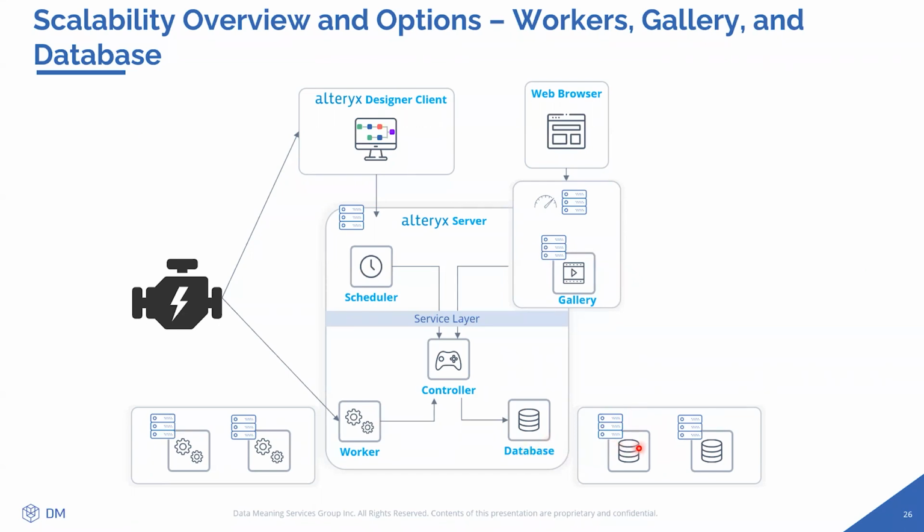Same for the database, right? So the database, you can have replica sets, and that will make sure that you have a high availability environment. And for the workers, you have more processing power, right? You have more CPU, more RAM on each machine, and then you are going to be able to run more jobs concurrently, for example.